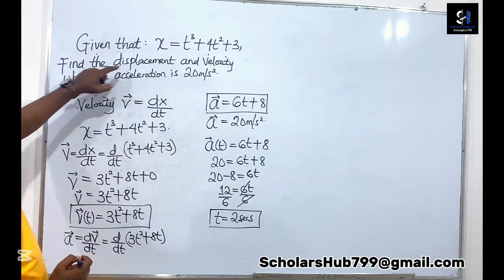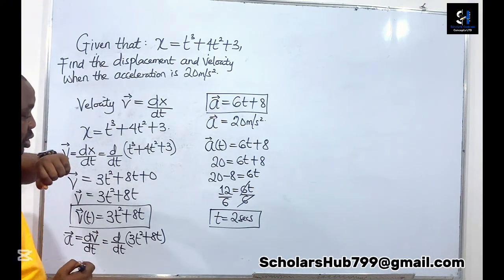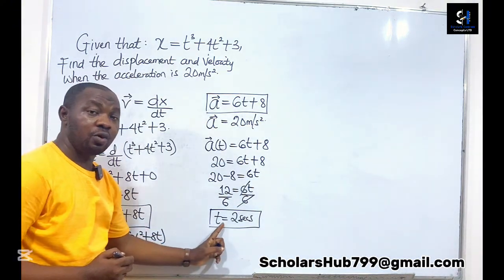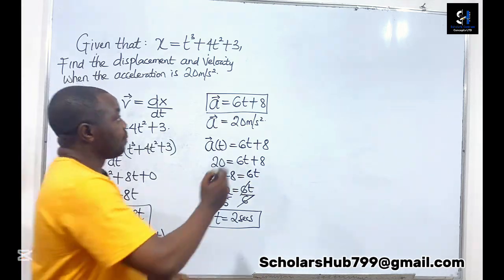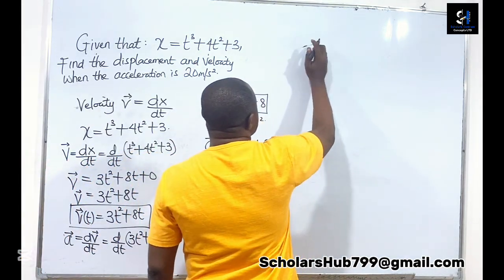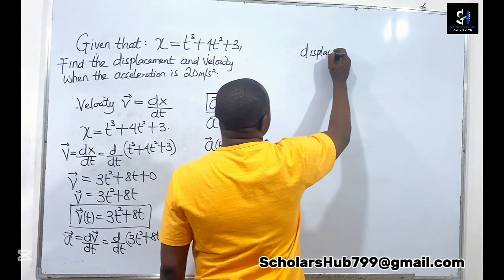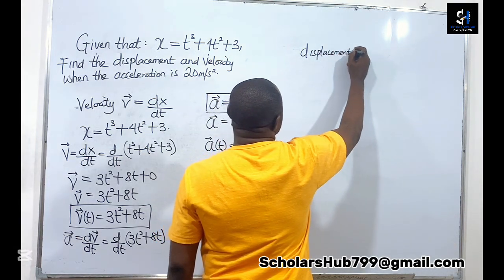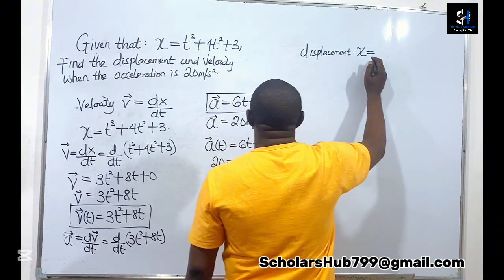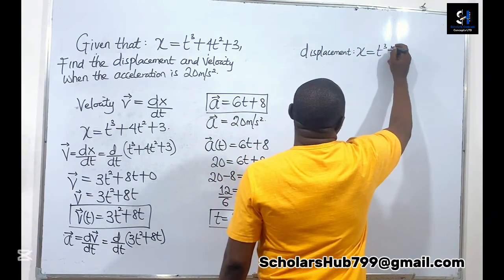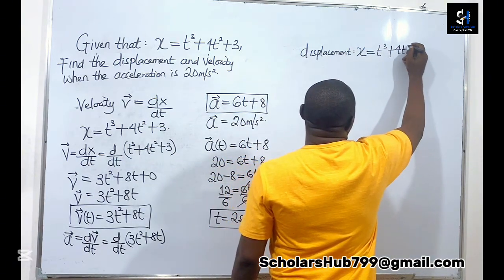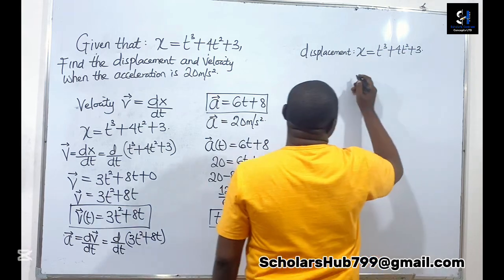So to find the displacement and velocity, of course, we need the value of time t. Let me start with displacement. For displacement, we have x equals t cubed plus 4t squared plus 3.